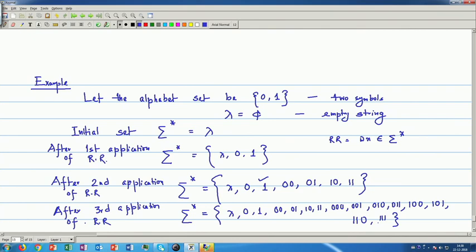Now, this is how sets are defined recursively, and new sets are constructed. So, it has application in computer science and in mathematics.